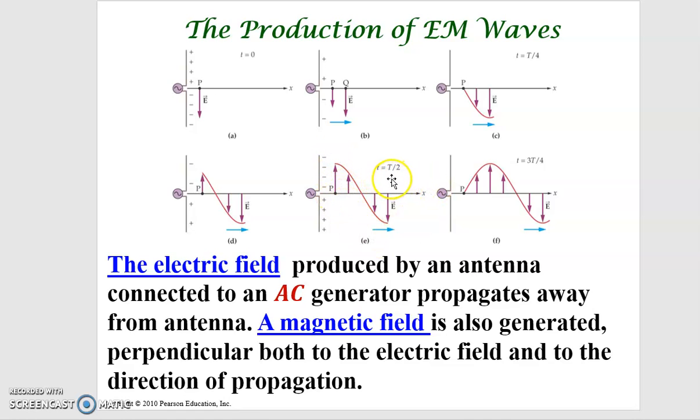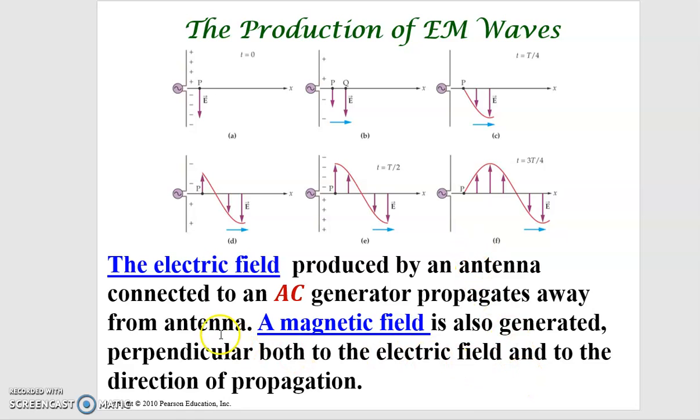At a time equal to half of the period, this is just half of the wavelength. From this diagram, you can see that if the charge oscillates, you produce an oscillating electric field, and this oscillating electric field will produce an EM wave.